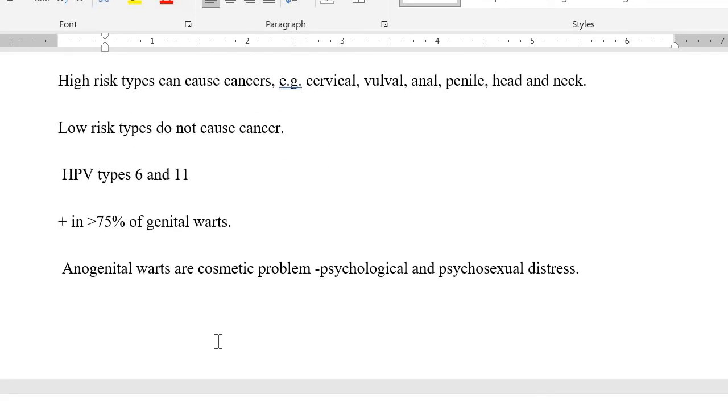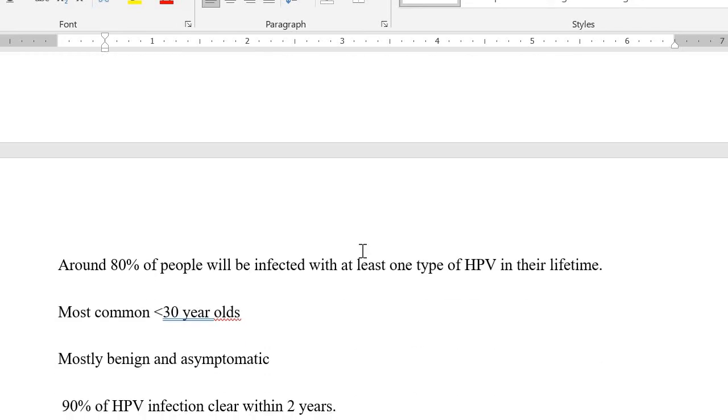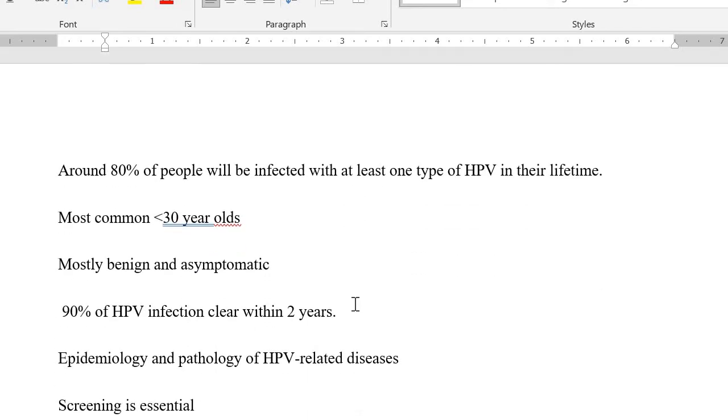With anogenital warts, the patient will be totally symptom free, but why will they seek treatment? Because of the cosmetic problem, a psychological problem, and psychosexual distress. Around 80% of the population will be infected with one type of HPV in their life, because as you know, HPV is a common commensal, but these are of low risk type.